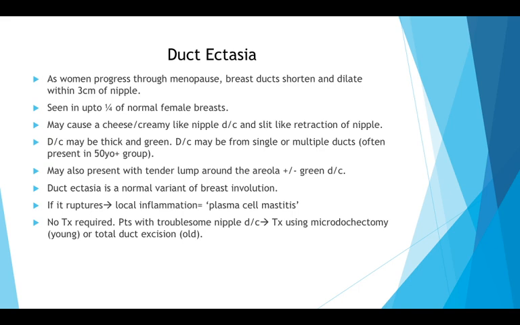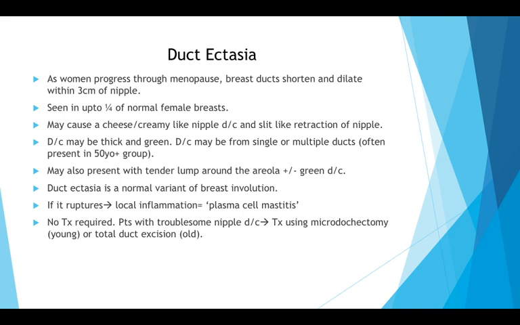There are different presentations of it. Some of them may be a cheesy, creamy colour. Some of them may be green. There may be nipple retraction as well. And the discharge may come from single or multiple ducts, and the multiple ducts tend to be in the older group. Some of the lumps may be tender in certain patients.